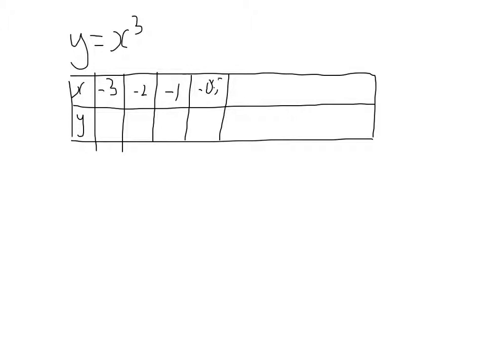I'm going to write that 5 in there, like that. 0 and 0.5, 1, 2 and 3. Now you can calculate those values, and I'll get you to pause it right now so that you can have a go at filling those values in.